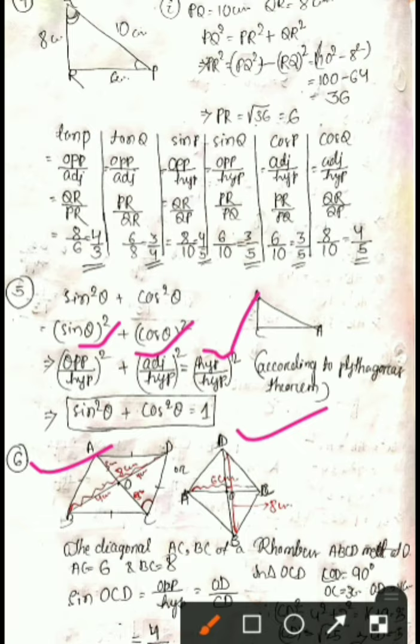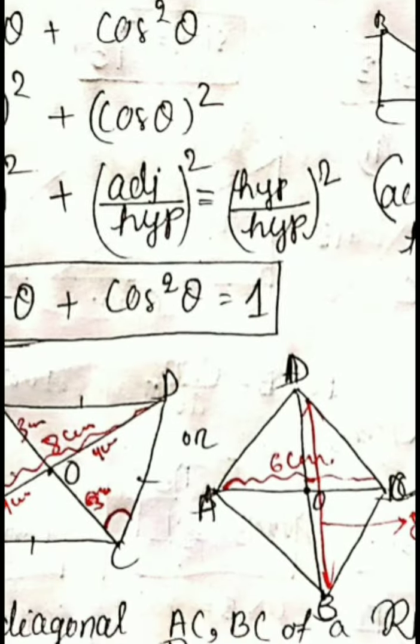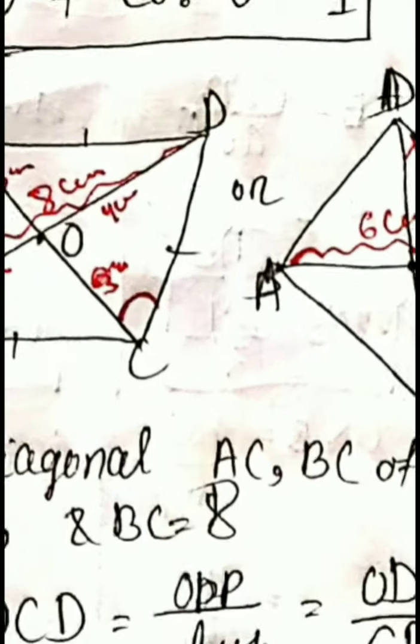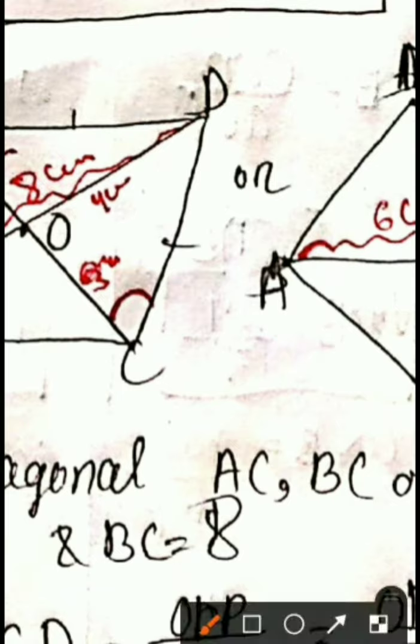Now students, just see the triangle OCD. This is our triangle OCD. Here this one is our right angle. In this triangle OCD, you have to find sine angle OCD.